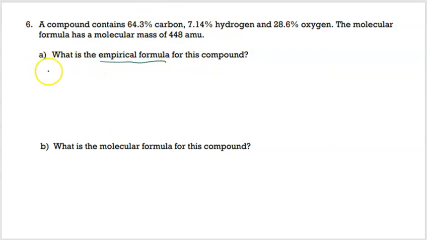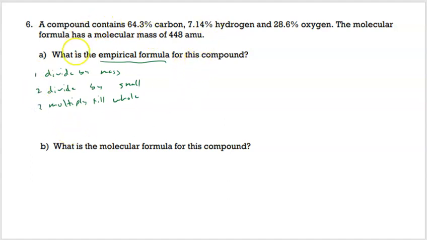Again, we're going to divide by mass, then divide by small, then multiply till whole. Steps 1, 2, and 3 for this part.